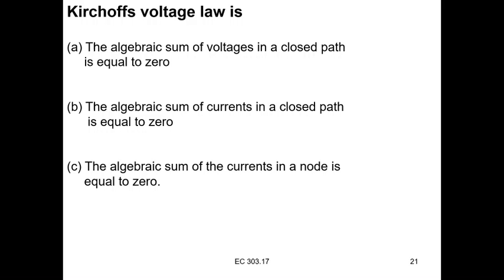So, which one is correct? See here, again I am repeating. A, the Kirchhoff voltage law is the algebraic sum of voltages in a closed path is equal to 0. B, the algebraic sum of currents in a closed path is equal to 0. And C, the algebraic sum of currents in a node is equal to 0. Which one is correct?